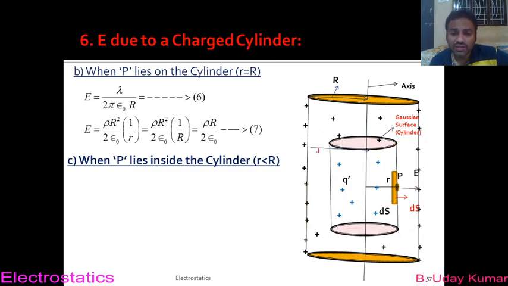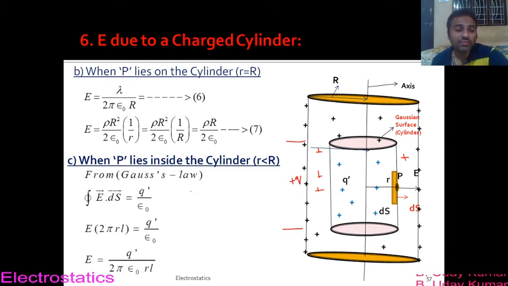So from this element to this element, the total charge on the original charged cylinder was taken as plus Q. But from Gauss theorem, the total electric flux is 1 by epsilon 0 times the charge enclosed by it. Now the charge present inside this Gaussian cylinder is not plus q, rather it is something else which is less than plus q.